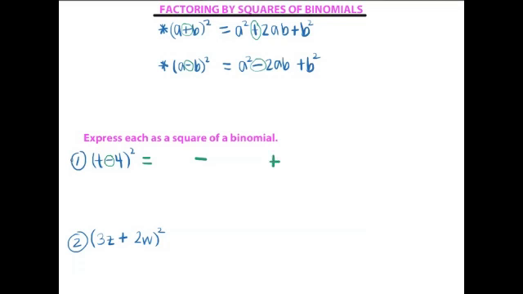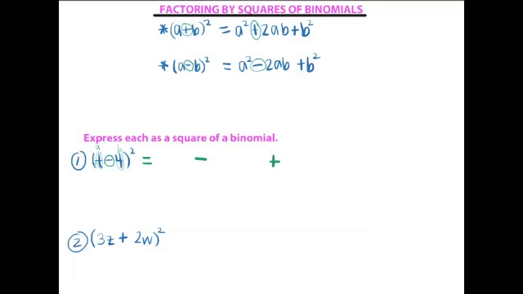For this number 1, it's star number 2 here. Our A is whatever is in this first slot, which is T, and our B is whatever is in this third slot, which is 4, and we just plug it in.